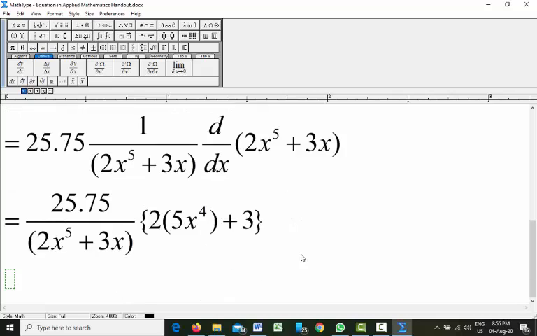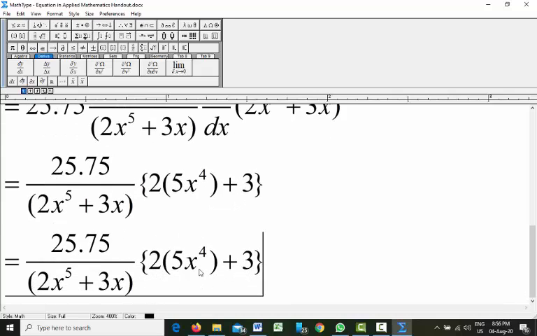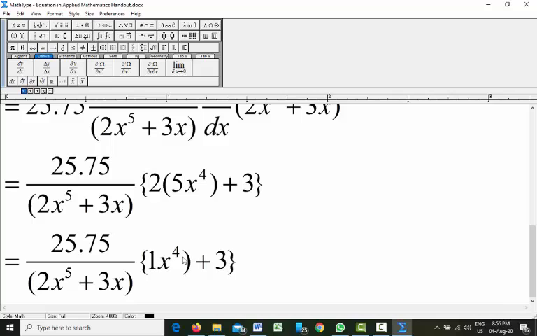Now what will we have? From here we get 5 multiplied by 2, so 10 x to the power 4, plus 3.